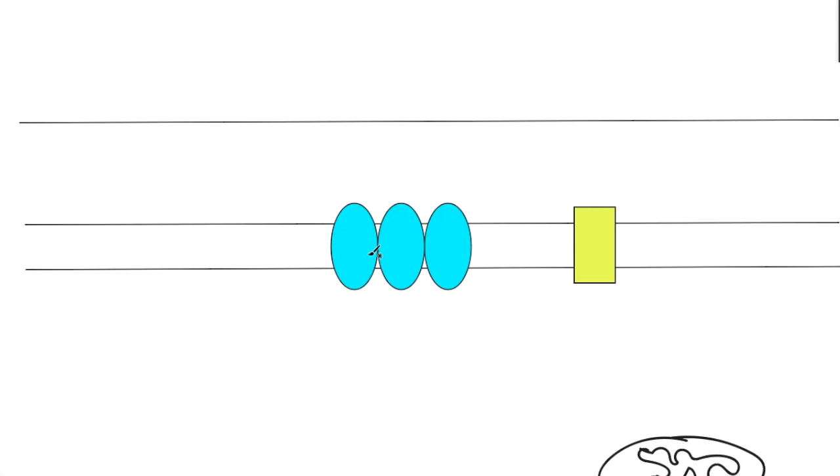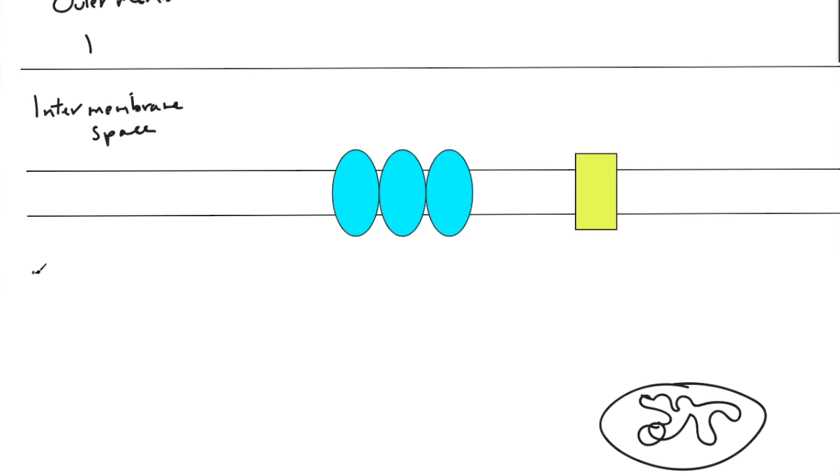So what we've got here is the outer membrane, which means out here is all the cytoplasm of the cell. We have the intermembrane space, and then what we have in here is the matrix, where the link reaction and the Krebs cycle have taken place.